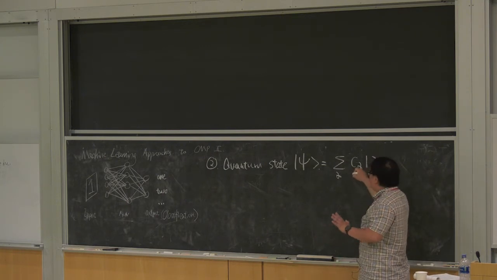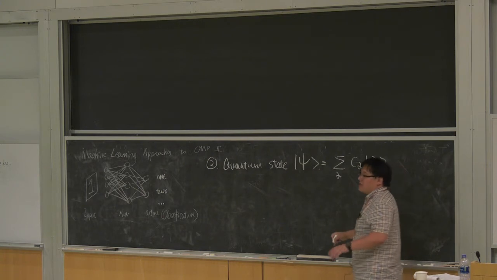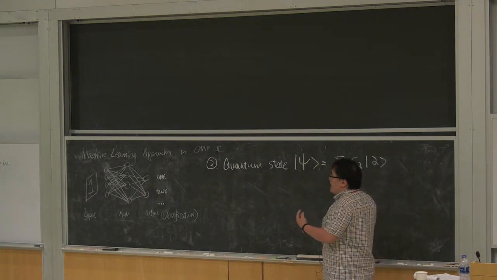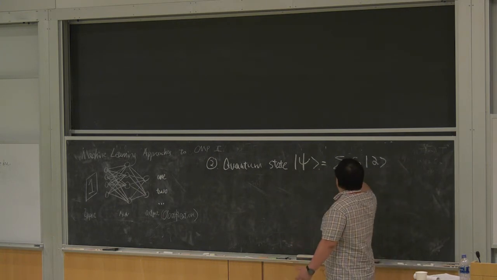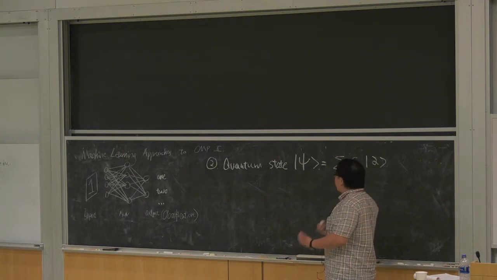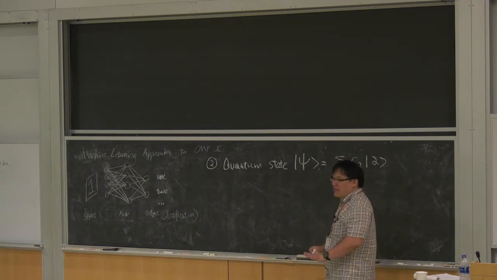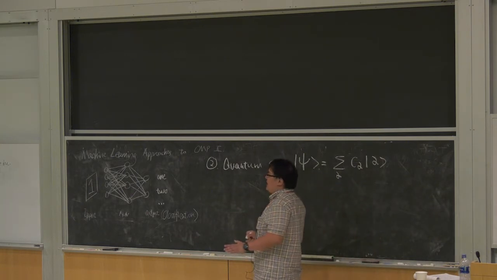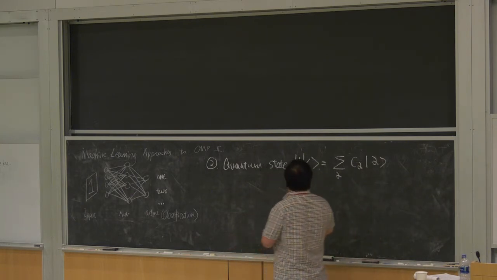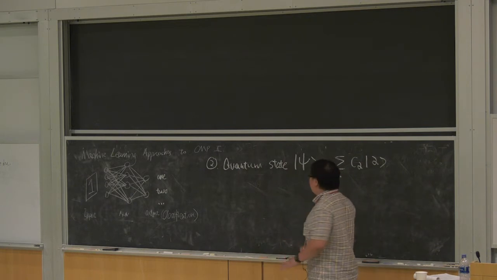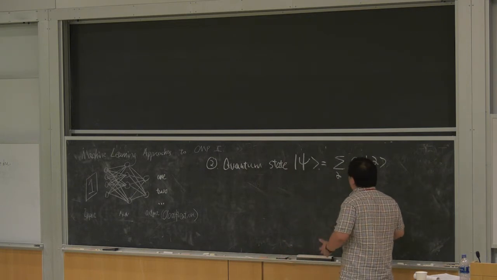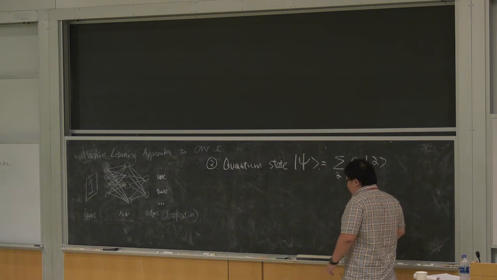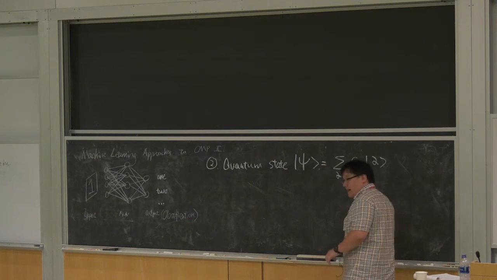How many coefficients do we have right here? It's exponentially large. Let's say you have n spins, then the number of C alphas is 2 to the n. That's a number way too big to be used as the input. And even for an artificial neural network, there's no way we can handle an exponentially increasing number of degrees of freedom. So using C alpha as an input is impractical.